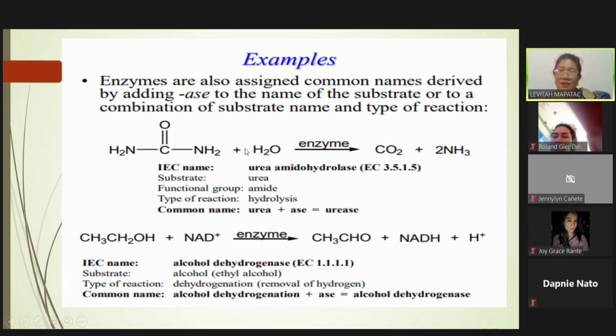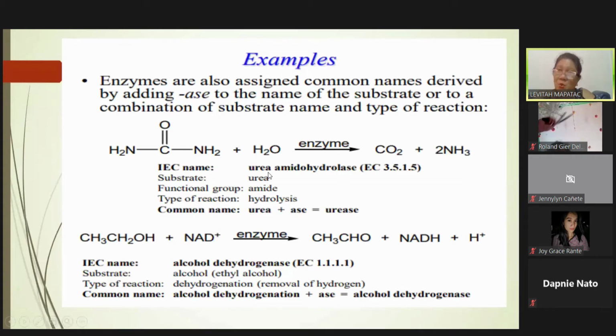And what is hydrolysis? Therefore, name this first in the EC. This is urea. Then what is the functional group? Amido. What is the reaction? Hydrolysis, which ends with ACE. Therefore, the EC name of your enzyme is urea amido hydrolase.